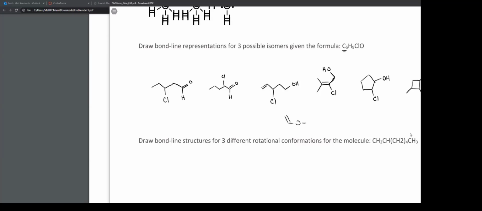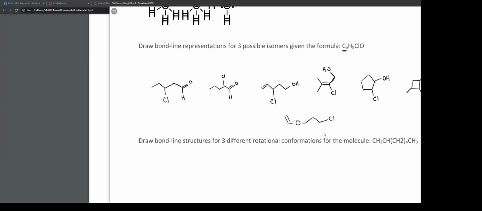Okay, so I've got 1, 2, O, 3, 4, 5. That works. I didn't draw it very nicely, but 1, 2, 3, 4, 5. Double check. That has 2 hydrogens, 3 hydrogens, 4, 5, 6, 7, 8, 9. Yeah.